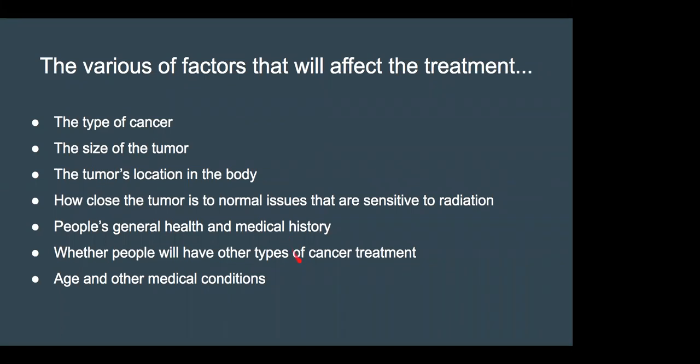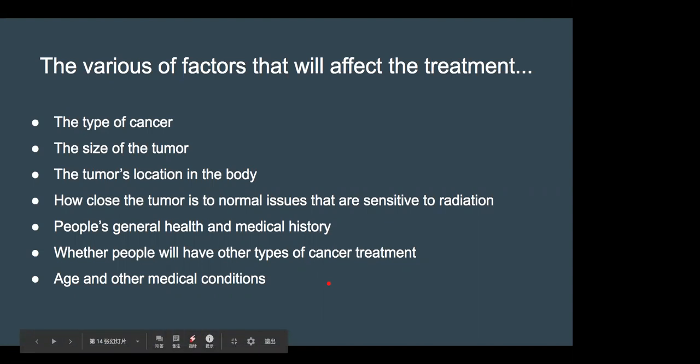And there are several factors that may affect the treatment, which are the type of cancer, the size of the tumor, the tumor's location in the body, how close the tumor is to normal tissue.